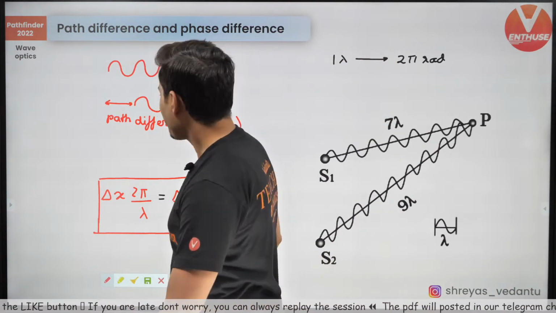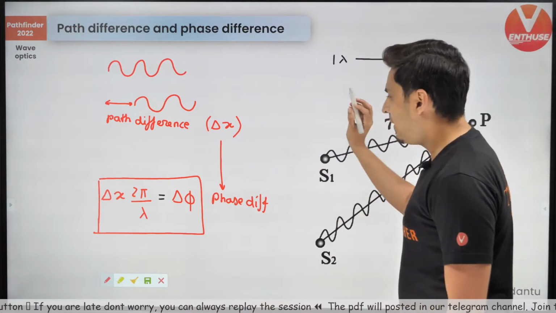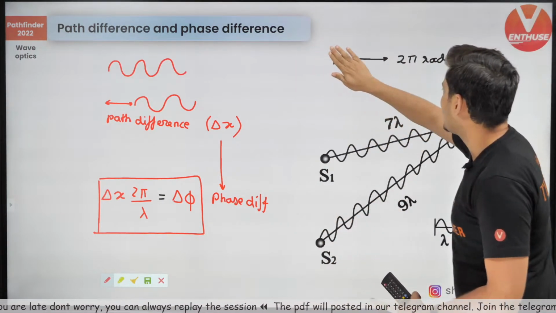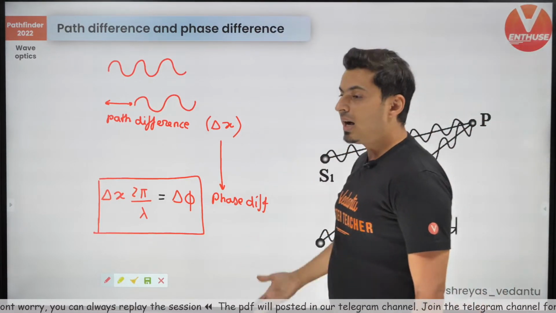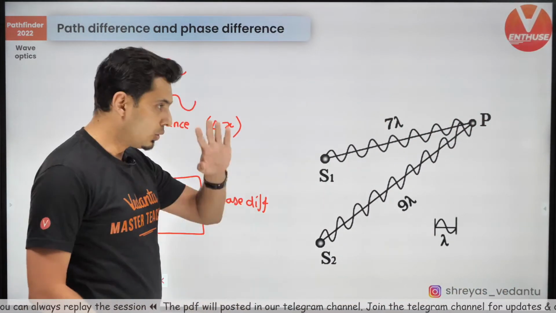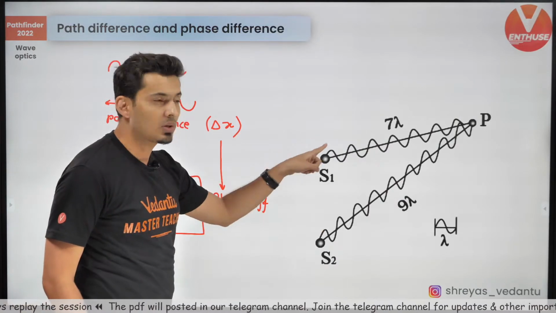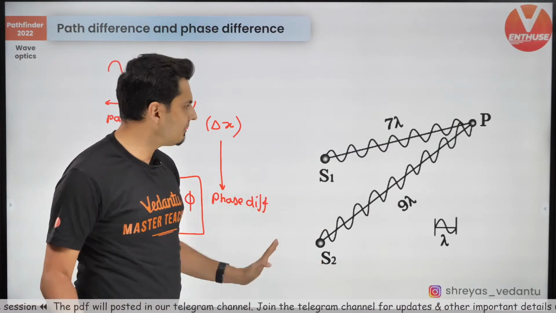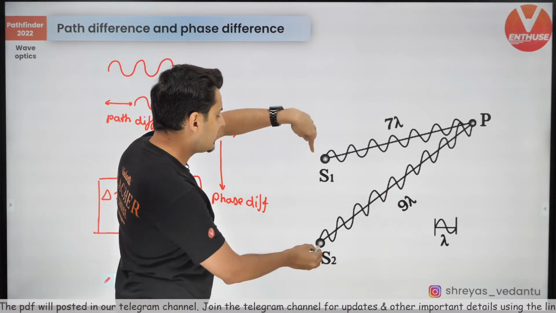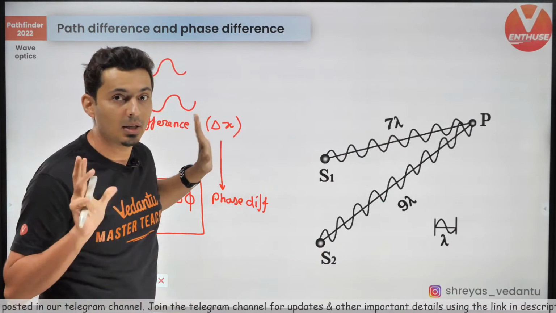All right. Now, if you have understood till here, you will also understand why path difference becomes significant. Observe this. There are two sources of light, sound, any wave. This source and this source generate the wave simultaneously.